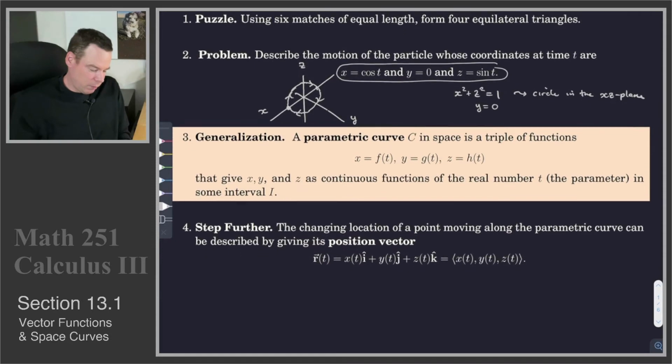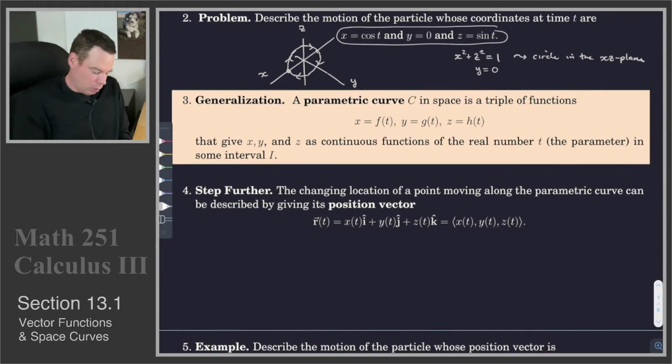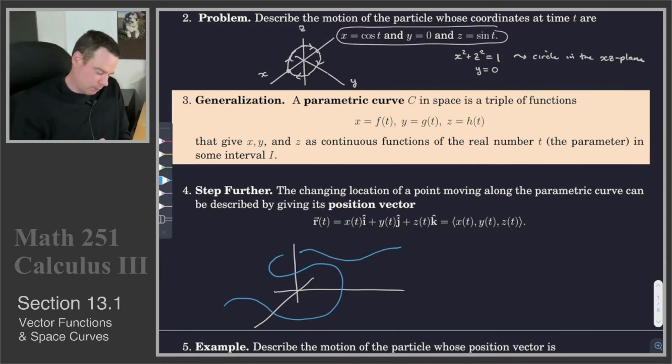We can go one step further. So we can bring vectors into the mix in the following way. Let's suppose we look at the set of all points as t ranges over its domain. Then the set of all points determined by the parametric equations gives us some sort of curve.